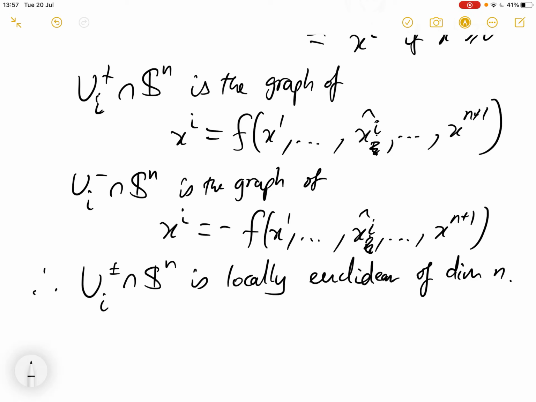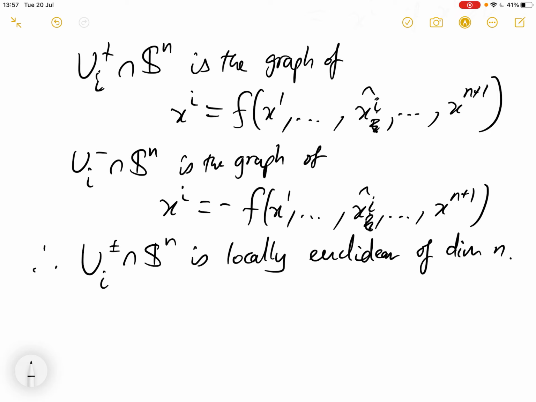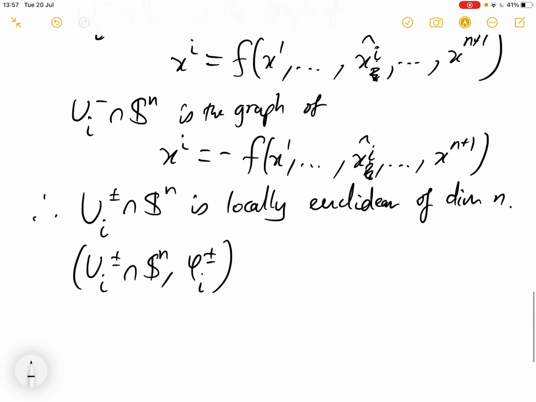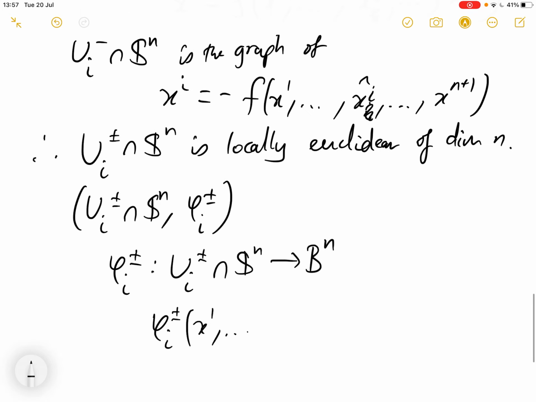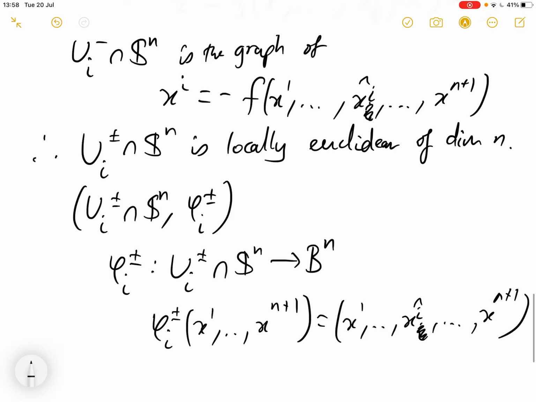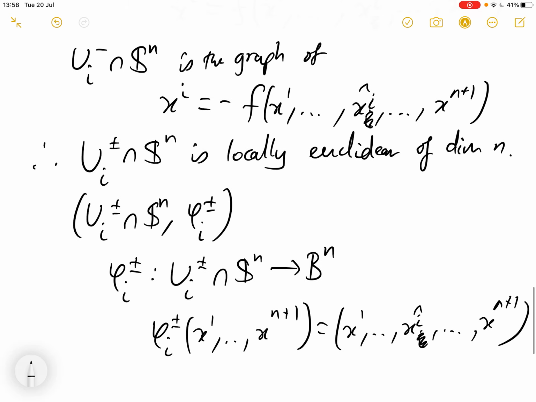And therefore, because these Ui+/- intersect S^n cover S^n, as we mentioned earlier, every point is in one of these coordinate domains, we must have that the sets Ui+/- intersect S^n, together with the maps phi_i+/-, where phi_i+/- of x1 up to x(n+1) is x1 up to x(n+1) just with xi omitted, are charts.